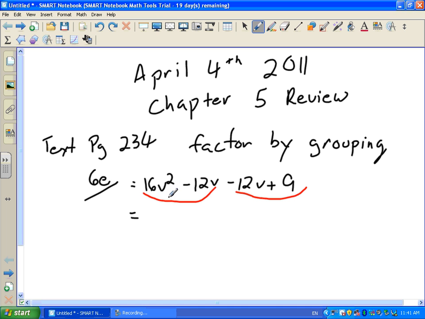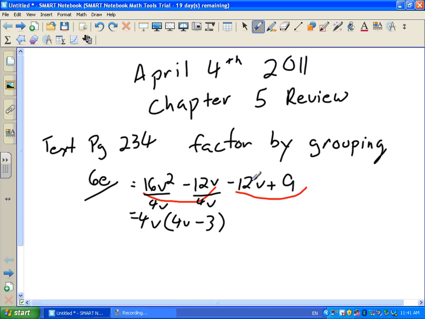I also have v squared and v. I take the variable with the lowest exponent, so I can take a v out. So my greatest common factor out of this pair is 4v. Now what's left inside the brackets is I divide both of these by 4v. So I get 4v minus 3.